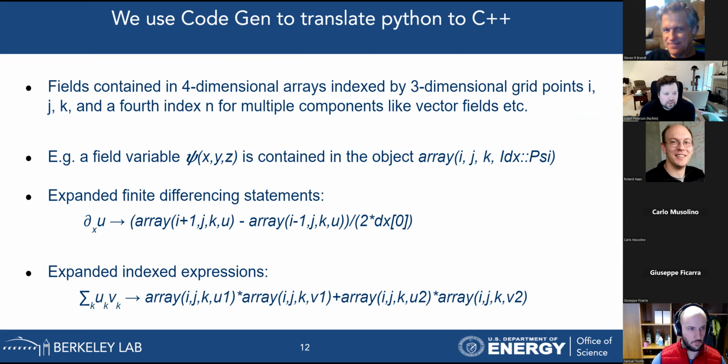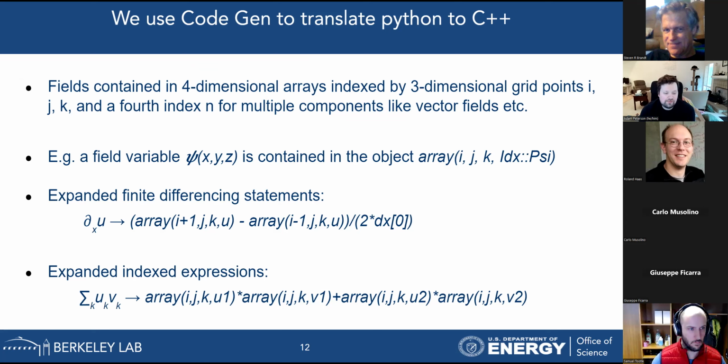So a little bit deeper as to what that means. Well, the actual C++ code is going to contain things like four-dimensional arrays that contain the actual physical field data indexed by three-dimensional grid points, and say a fourth index, since we have multiple fields that we'd like to put in our system.